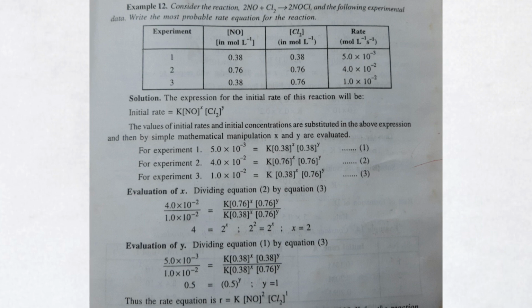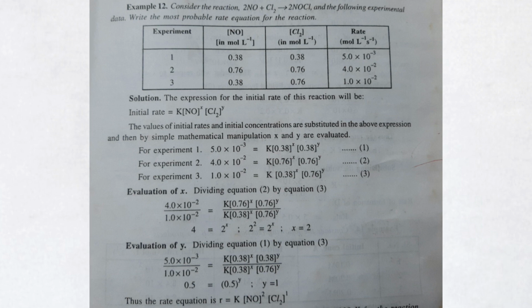ഇനി ഡിവൈഡിങ് ഇക്വേഷൻ 1 by ഇക്വേഷൻ 3, നമുക്ക് y വാല്യൂ കണ്ടുപിടിക്കുക. 5 into 10 raised to minus 3 divided by 1 into 10 raised to minus 2 is equal to K into 0.38 to the power X, 0.38 to the power Y, divided by K into 0.38 to the power X, 0.76 to the power Y. ഇനി ഇവിടെ 0.38 x പവർ വരുന്നത് അത് രണ്ടും ക്യാൻസൽ ചെയ്ത് പോയി.